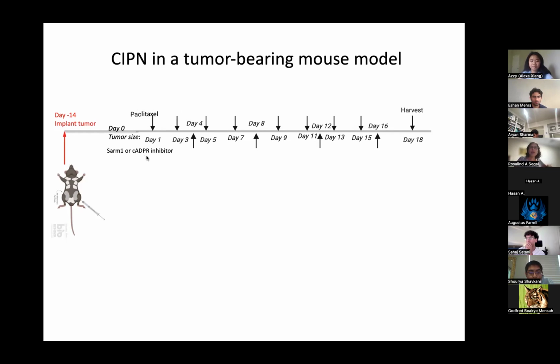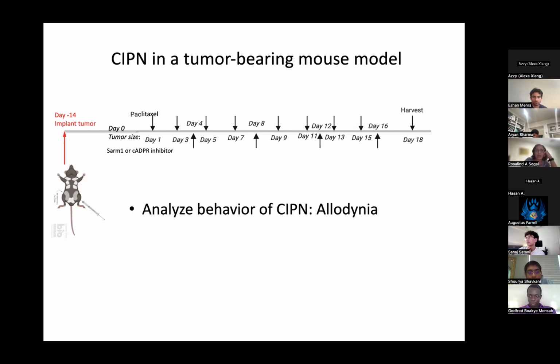And we also give inhibitors of SARM1 or of cyclic ADPR, and again, on a very specific schedule. And now we can start to see if what we now understand about the process can give us new ways of treating this chemo-induced neuropathy.